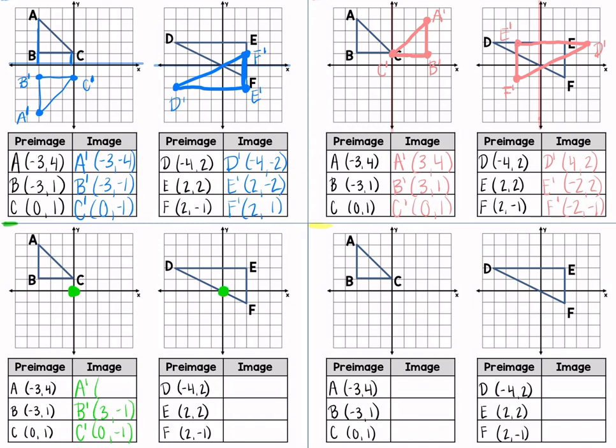And A prime is (3, -4). Essentially, whatever quadrant it's in, it's going to go to the one diagonal to it, unless it's on an axis, then it would go to the other side of the same axis. So C is (0, 1), and C prime is (0, -1). B is (-3, 1), and B prime is (3, -1). And then A is (-3, 4).